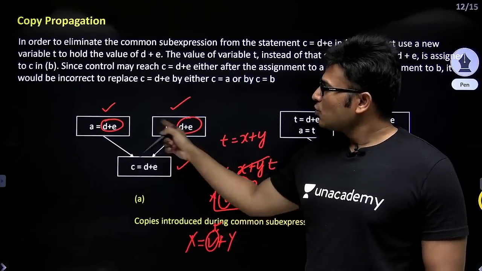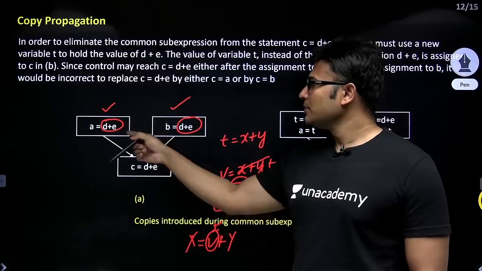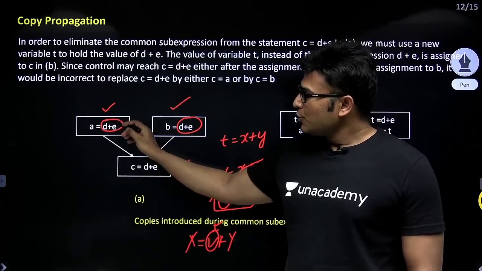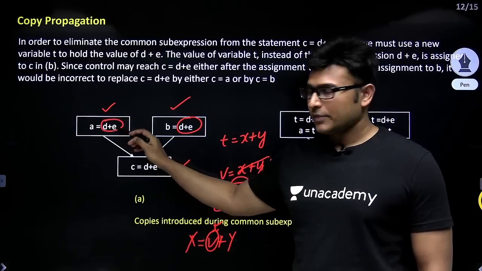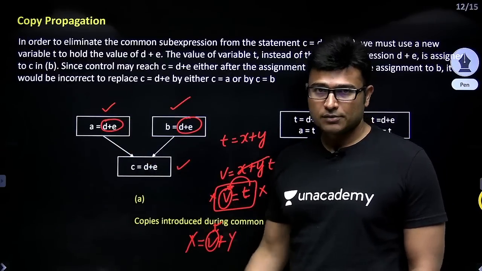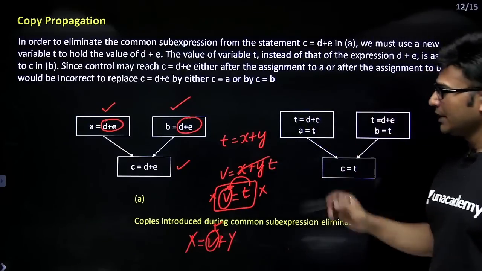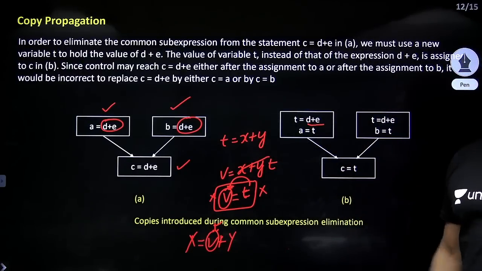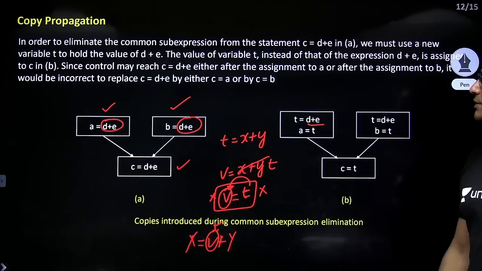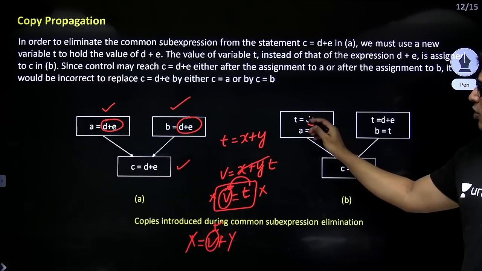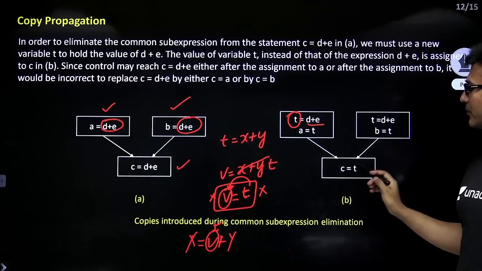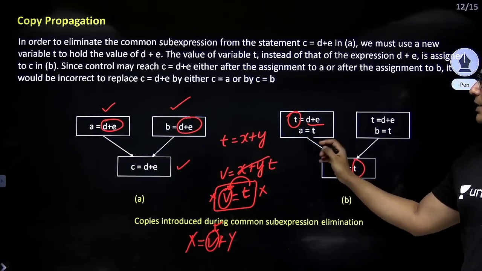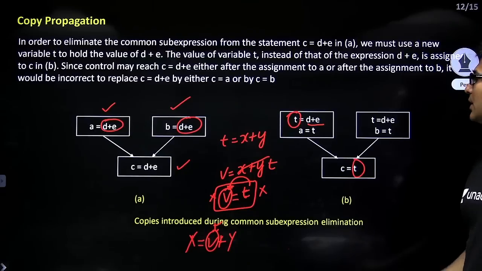Now if you have to eliminate this common subexpression, you could compute d + e once and write the value there. That is being done here, right? So we are computing t = d + e once, and I am copying that value of t here, c = t, and I am writing a = t, right?